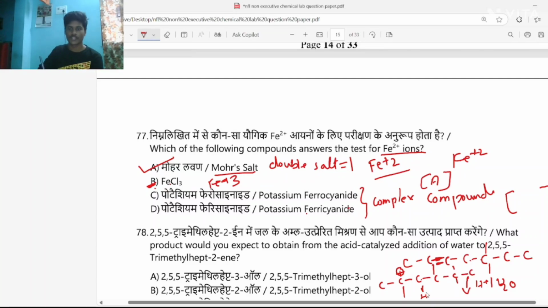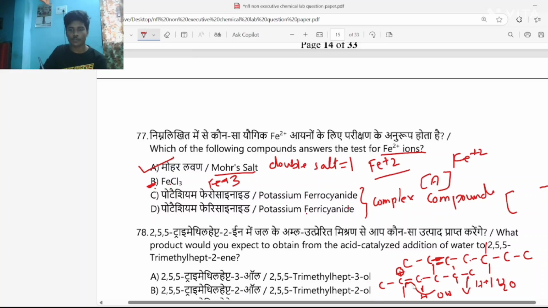So our option is 2,5,5 trimethyl heptan-2-ol. So option B, the answer is option B.